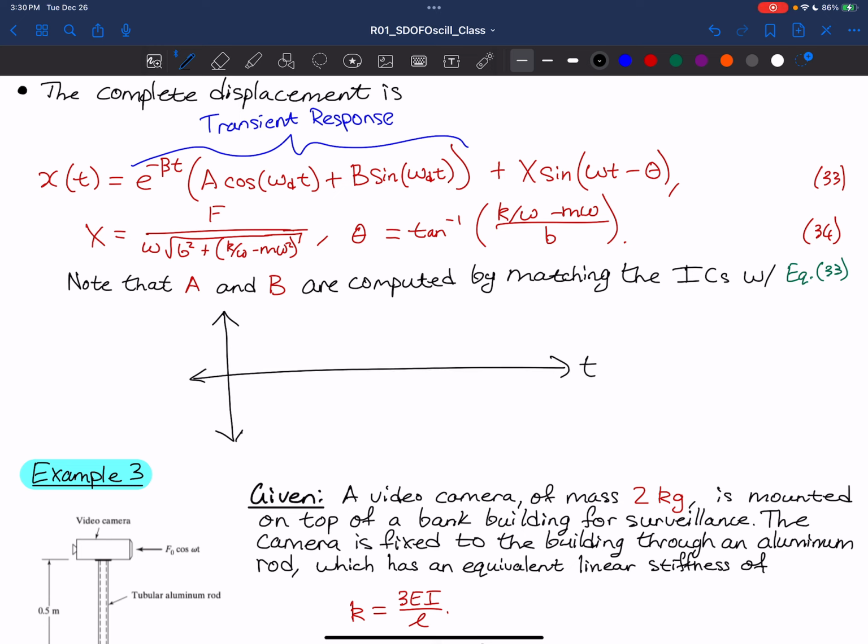So we'll have time on the horizontal axis and our displacement x of t on the vertical axis. We're going to have some exponential decay in the beginning, and then it's going to level out and become a flat amplitude.